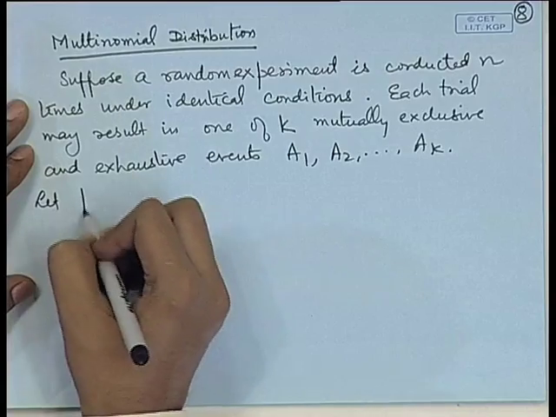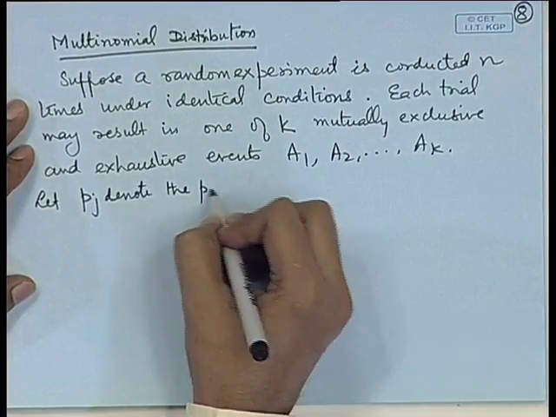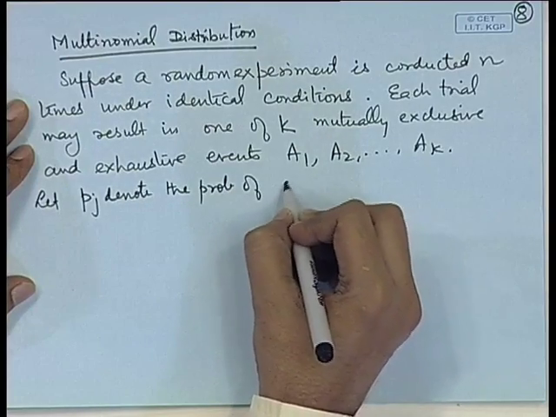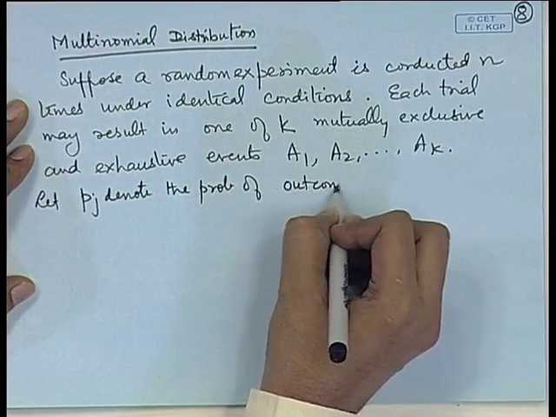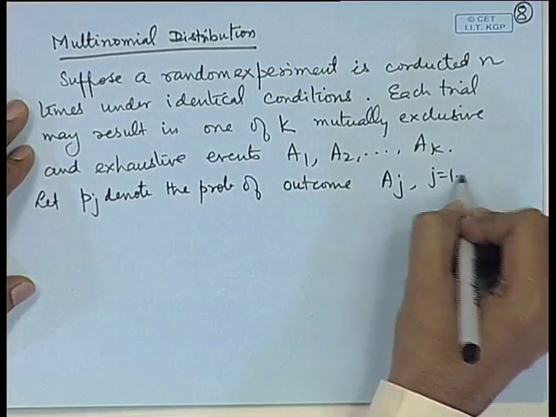Let p j denote the probability of outcome A j for j is equal to 1 to k.